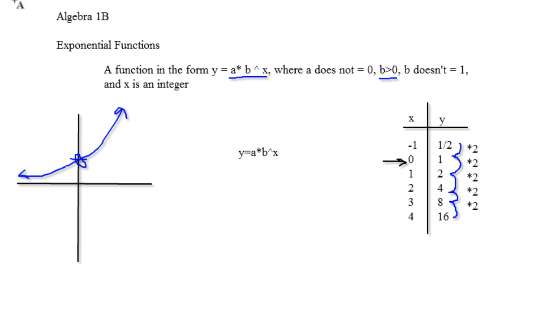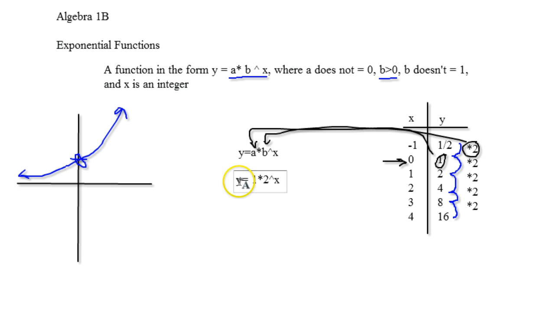We're not going to be putting anything in for x, okay, but this 1 right here is going to go into place of the a, and this 2 right here is going to go into place of the b. Okay, so that's pretty simple. So this is going to be y equals 1 times 2 to the x. Okay, or you can just simplify that to y equals 2 to the x power.